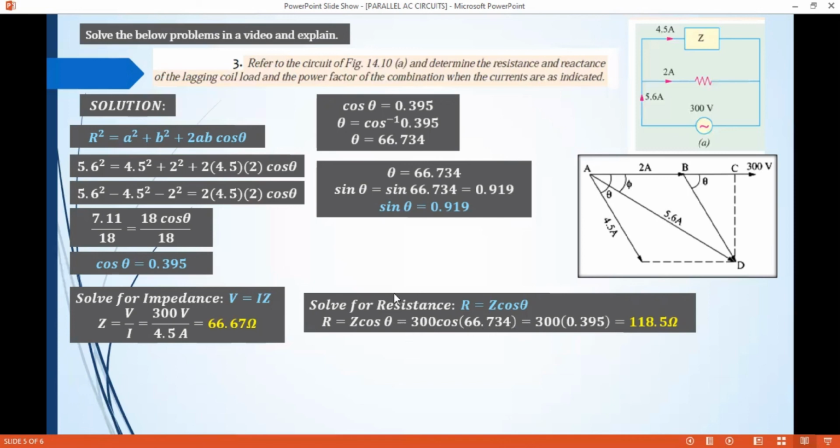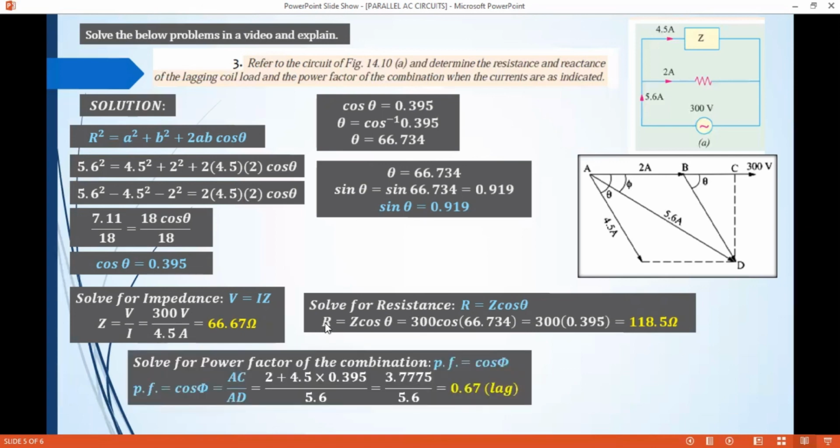Where does it come from? It is the theta, which is 66.734. Then the cosine of 66.734 is 0.395. So we have 300 times 0.395, which is 118.5 ohms. So that is for the resistance.